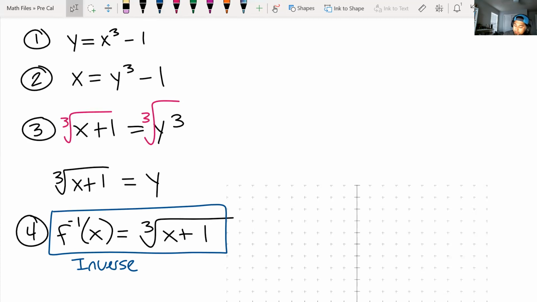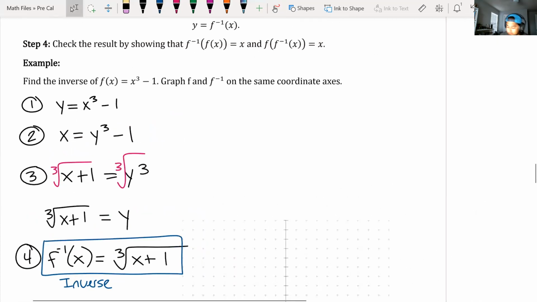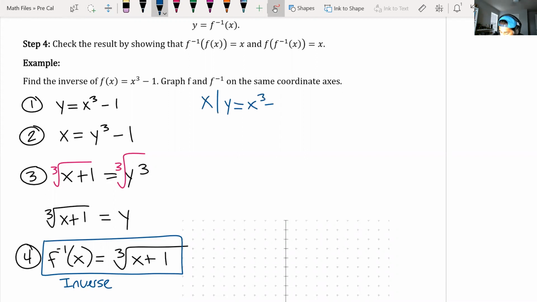But now we want to graph both functions. So let's go ahead and graph x cubed minus 1 first. To do that, I'll just create a little XY chart: x and y equals x cubed minus 1.